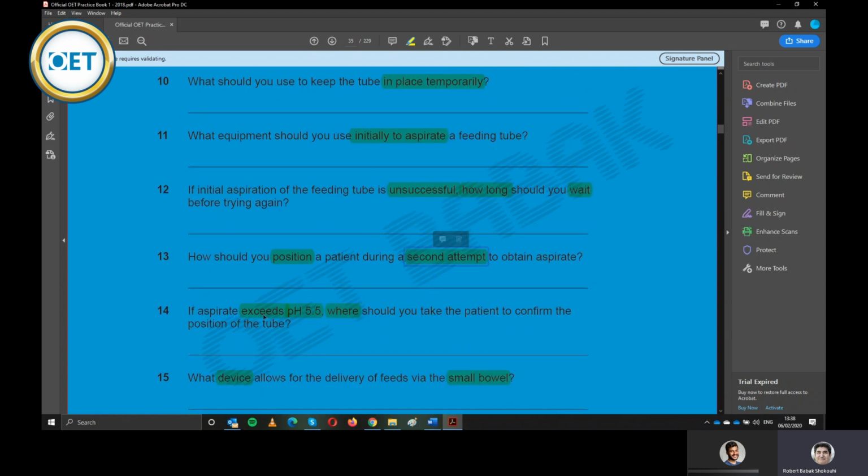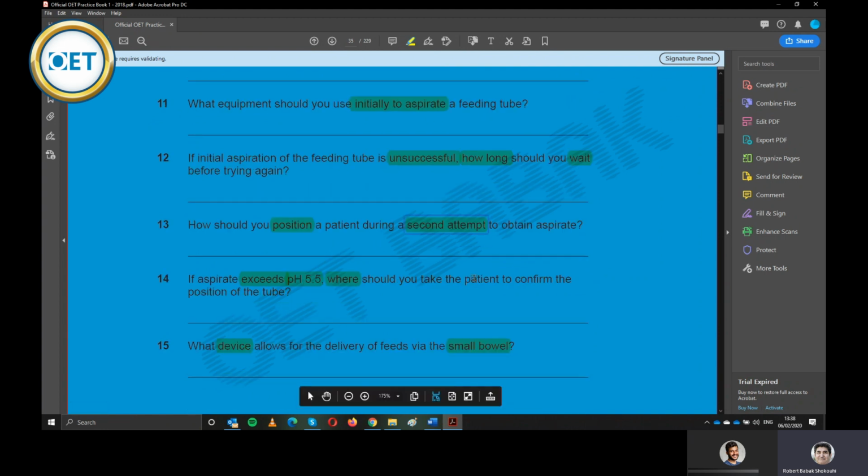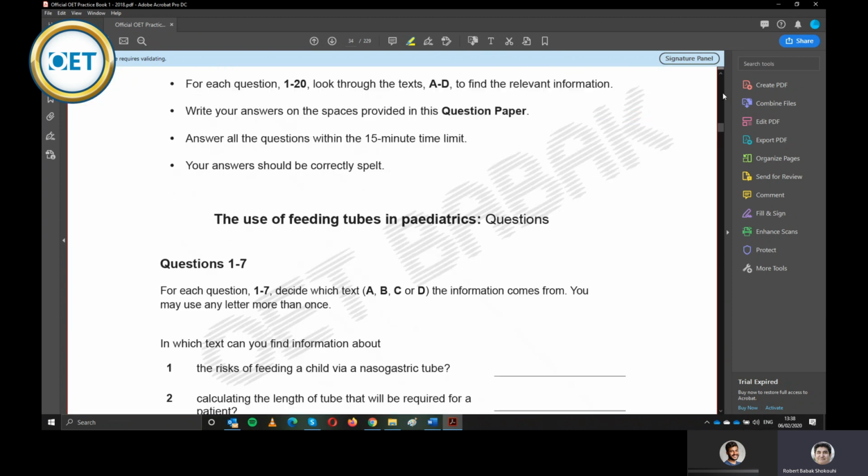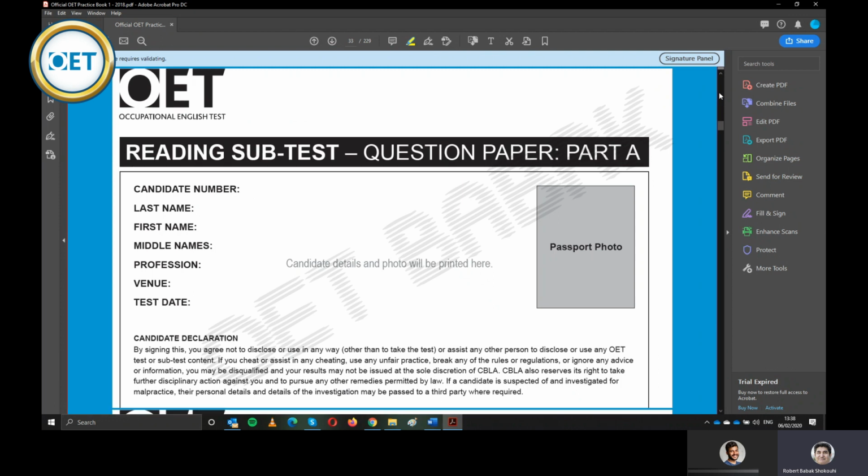We didn't see that. If pH exceeds 5.5, we should take them to the X-ray. What device allows the delivery in small bowel? We haven't checked that yet. So what are we missing? Unsuccessful, how long to wait, and what position? So if we fail, what should we do?